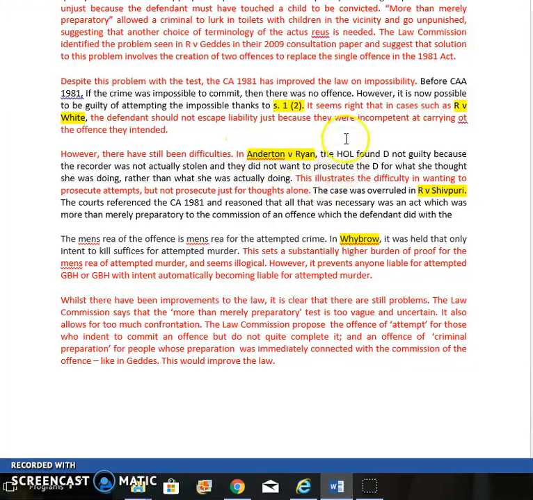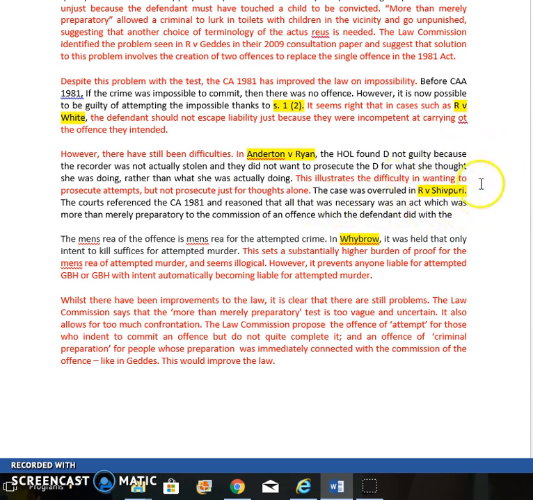Despite that improvement, you could talk about Anderton and Ryan. Anderton and Ryan, the House of Lords, didn't actually comply with section 1.2. And that illustrates the problem here that the courts were worried about the fact that you're dangerously close to prosecuting people for their thoughts rather than their actions.